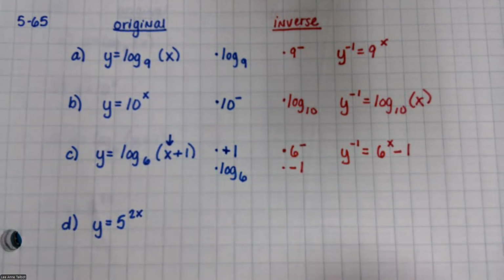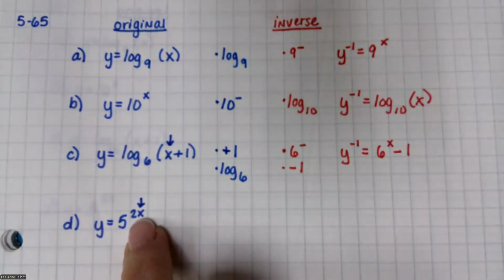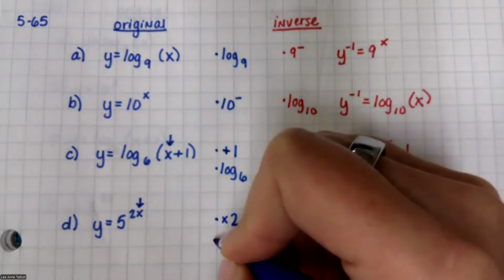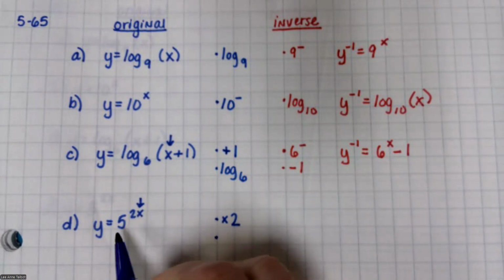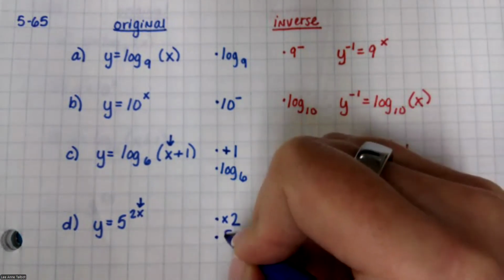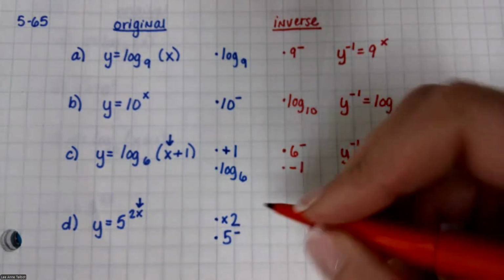All right, last one. Plug something in for x. What would I do to it first? Times 2. I would times 2, and then I would do 5 to the power. Okay, go backwards and undo.